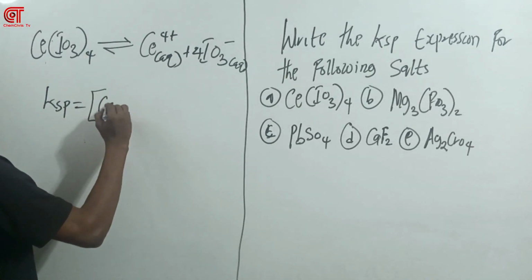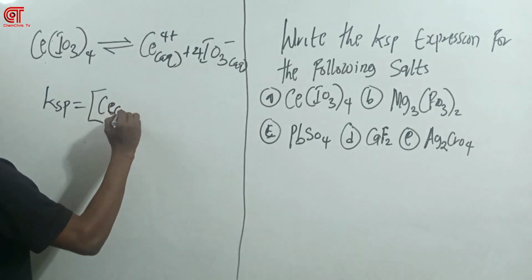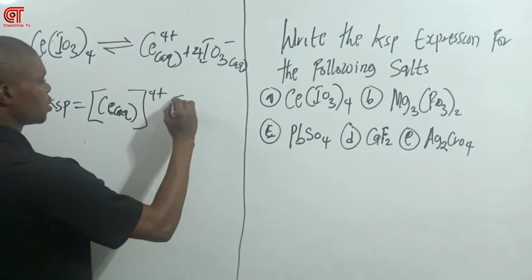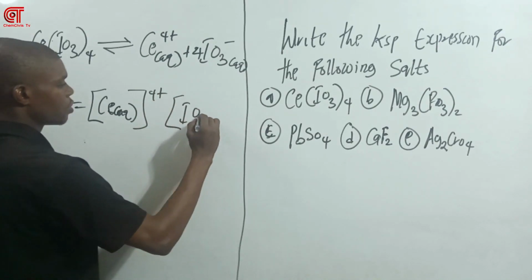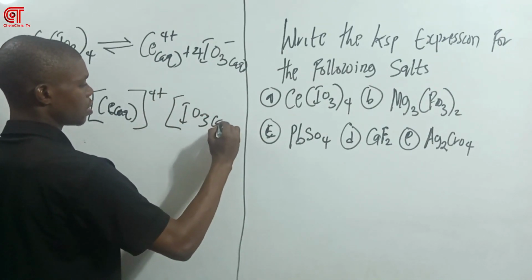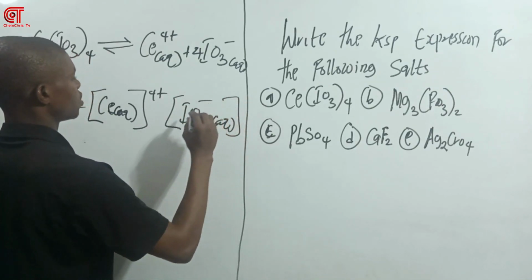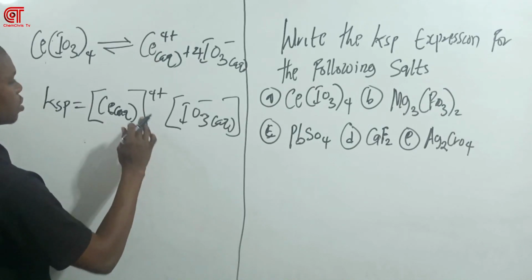So the Ksp is going to be, because there was Ce4+ aqueous, the minus is the power. Sorry.